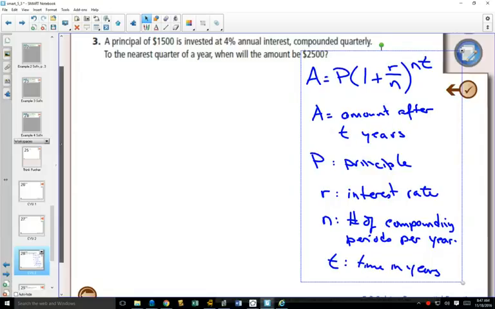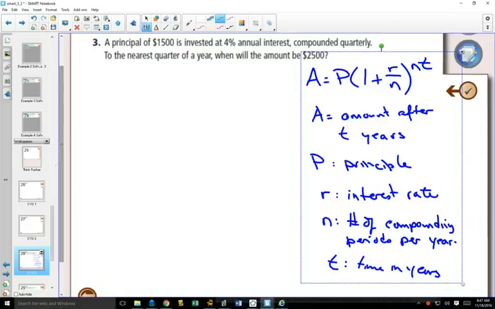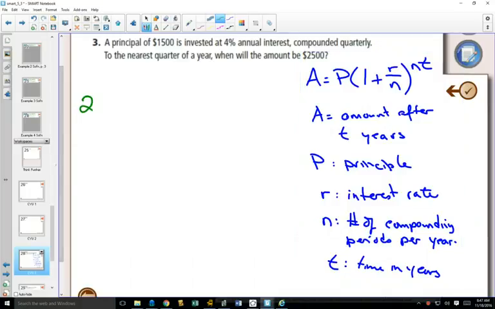So if we start this question off, we want to know, to the nearest quarter of a year, when will the amount be 2,500? So we know that the amount is going to be 2,500. It's asking for the nearest quarter of a year, so they're looking for T. So we should be able to plug in everything else except for T. We started off with 1,500.